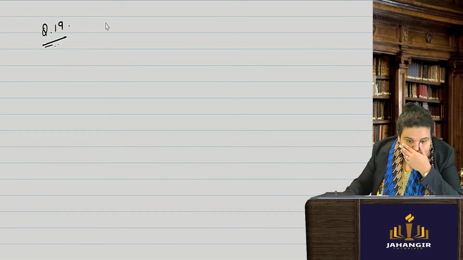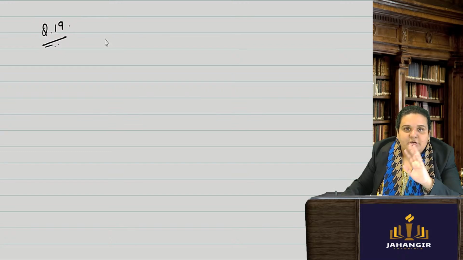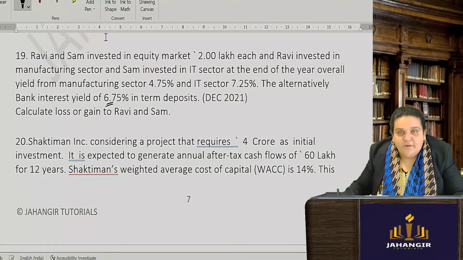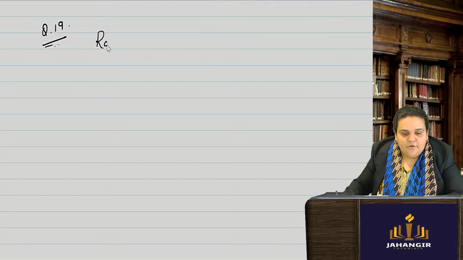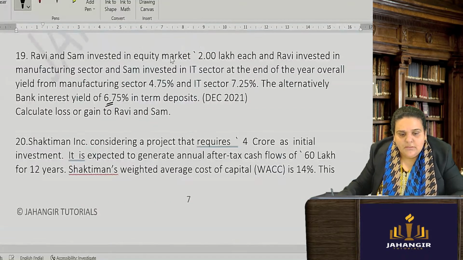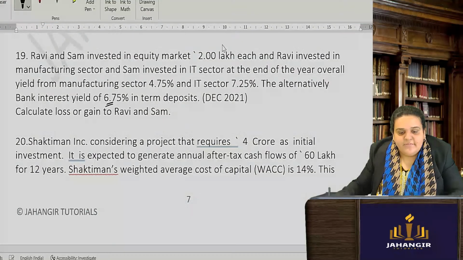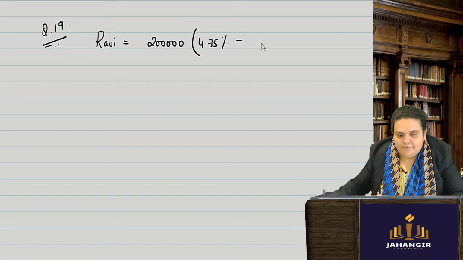Okay. So each of them, Ravi and Sam, both have invested 2 lakh rupees. First I am finding of Ravi. He invested 2 lakhs rupees. In which sector? In the manufacturing sector, which was giving him 4.75. If he would have invested in the term deposit, it would have given him 6.75.